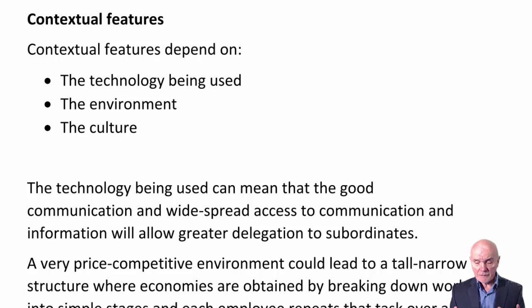And the example we have here is simply saying that IT, good IT, can allow information to be much more available to everybody within an organization. So if you have what's called a company intranet, it means that many people have access to a lot of information within a company.